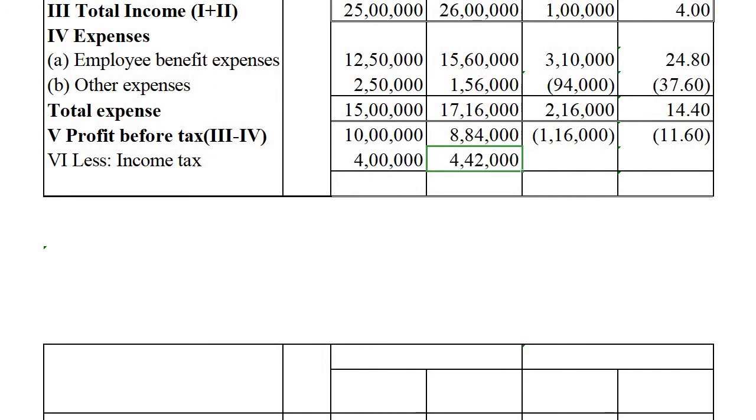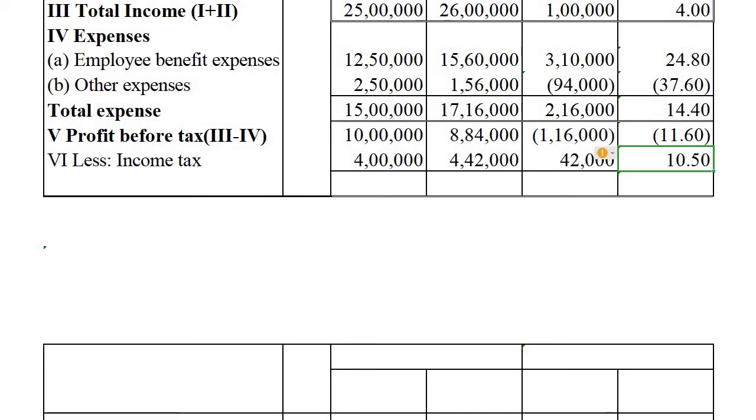So we will get 4,42,000. Okay, then the balance is 42,000. And here the percentage we will get is 10.50. So that is about income tax.